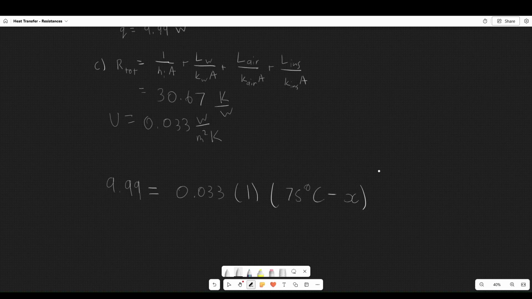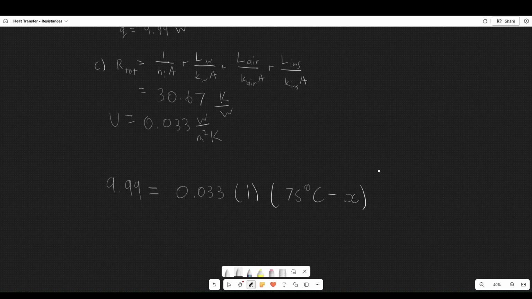But remember, 75 degrees Celsius has to be converted to Kelvin, so that is 348.